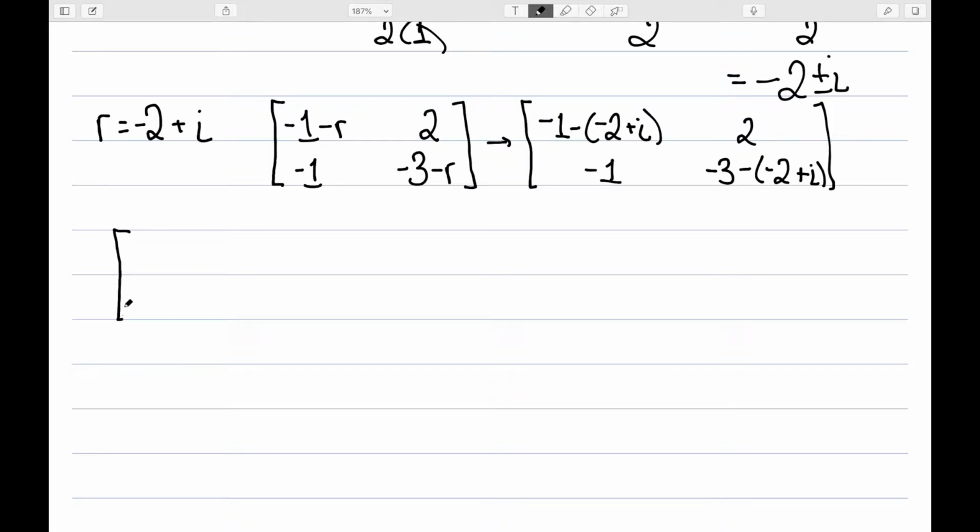As I simplify this, I end up with 1 minus i, 2, -1, and -1 minus i.